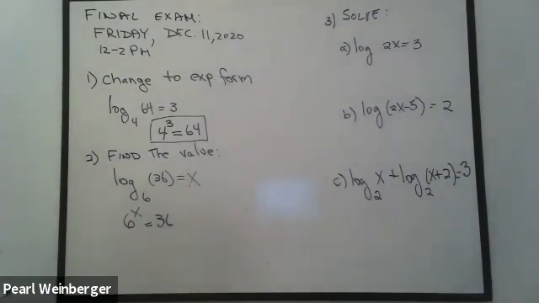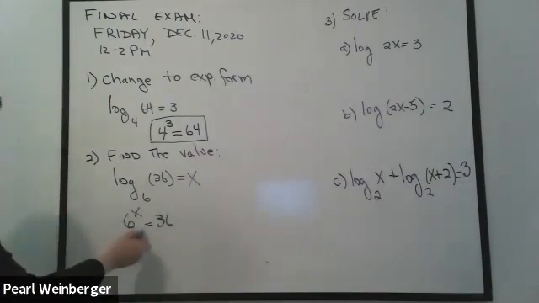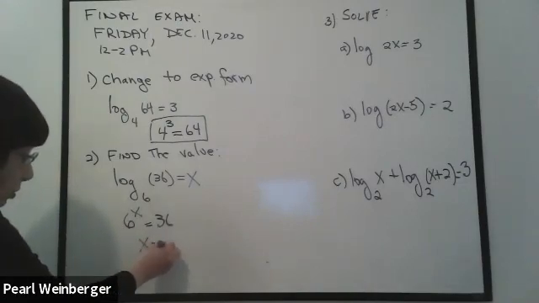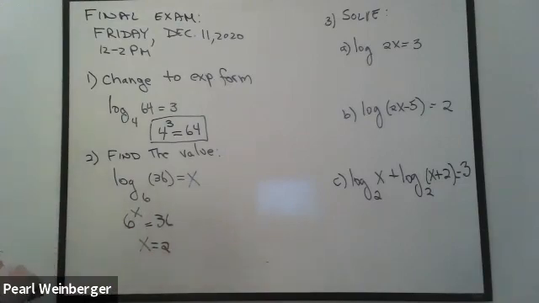Once it's written in exponential form, it again is quite easy to solve because I can see that what exponent should I put on 6 to get 36 is obviously 2. Some of them are not quite as easy as this, but once you have an exponential form, you could then take your calculator and try your different answers.